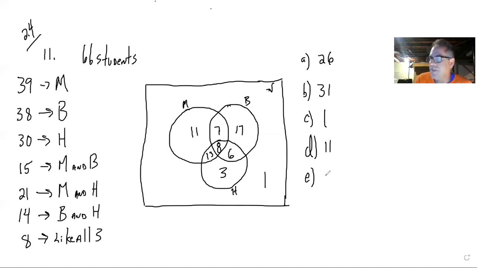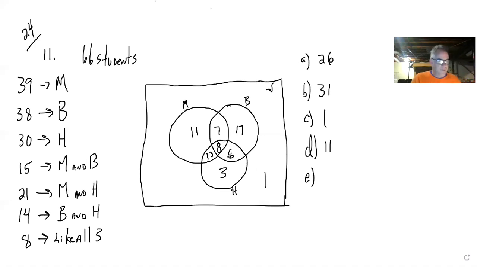Next question. How many of these students like Haydn and exactly 1 of the other 2? Okay, so how many of these students like Haydn? We know these guys right here, all of them like Haydn. So that would be 13, 19.